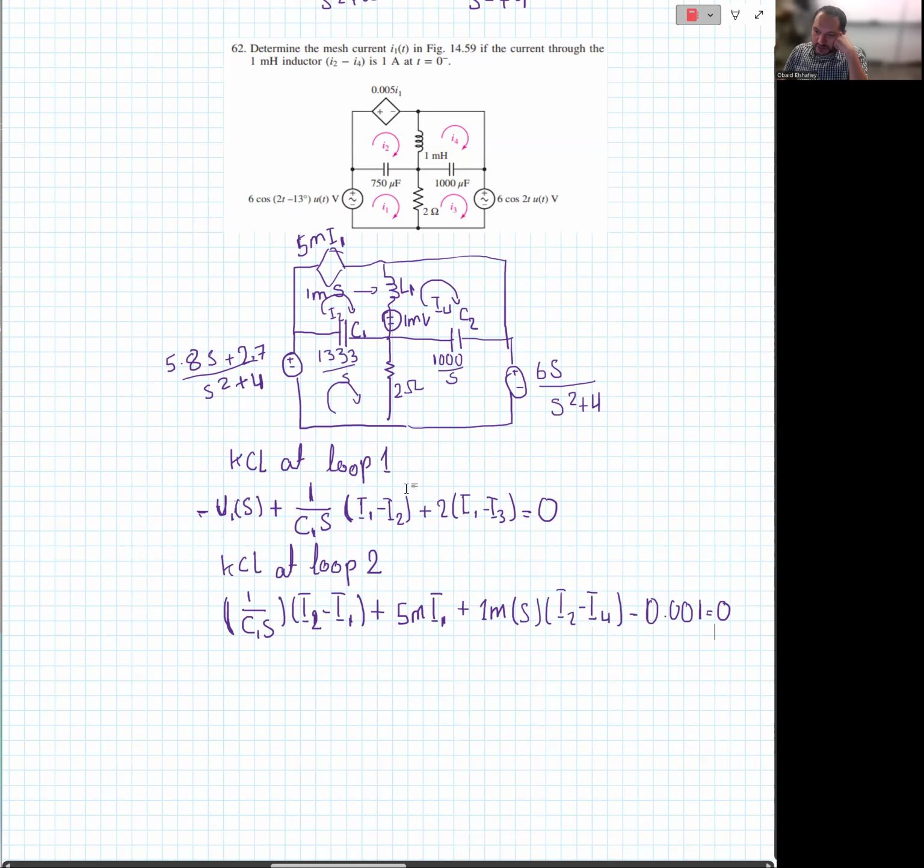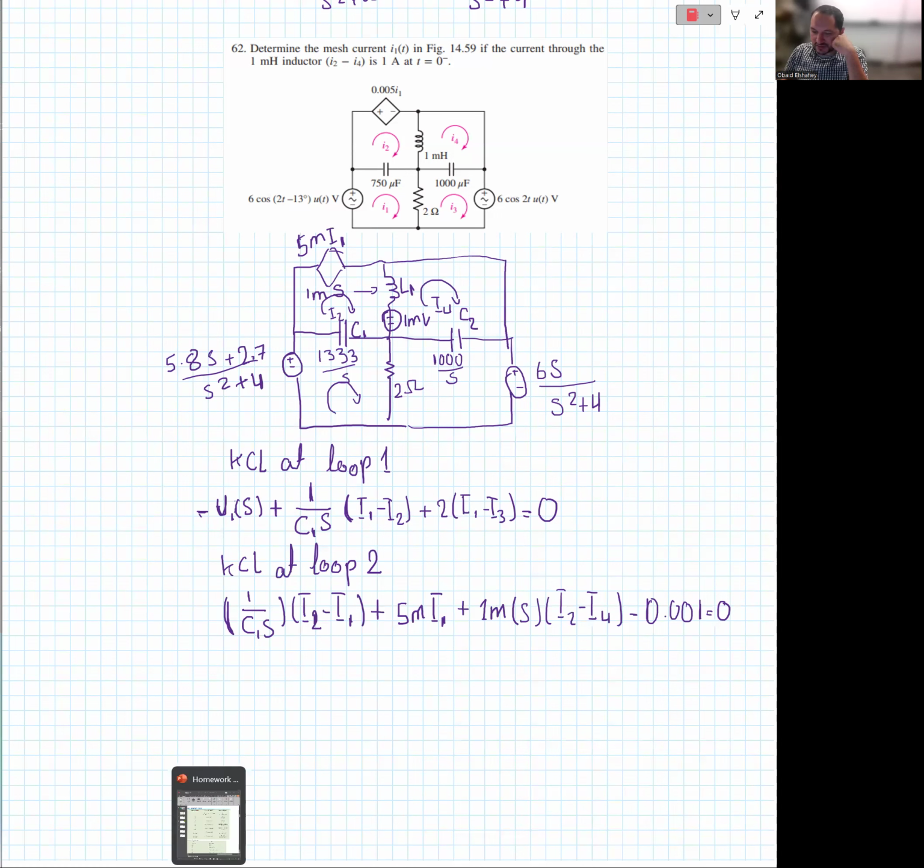So we continue the same thing for the other two loops. Let's just do it in MATLAB. It should be easier.